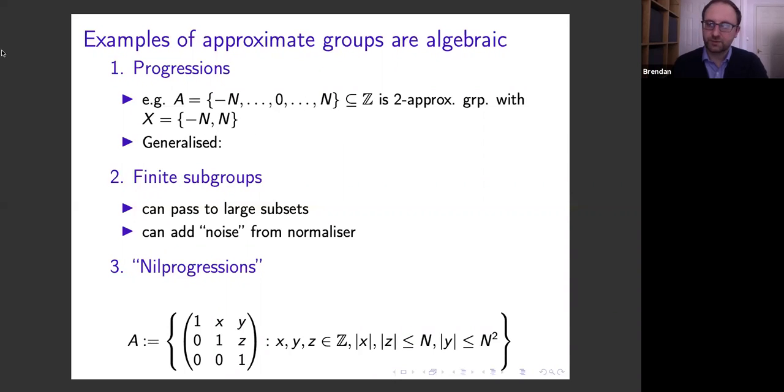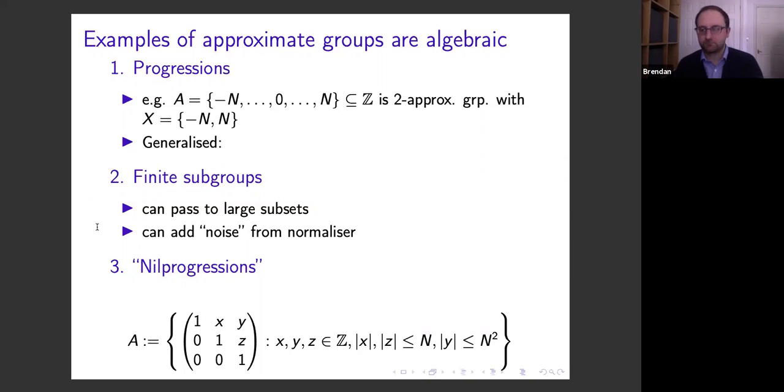We just shift to the left by n, and we shift to the right by n. And generalizations of this include homomorphic images of a box in Z to the d, or Z to the d intersected with a convex body. Those are familiar examples from additive combinatorics.